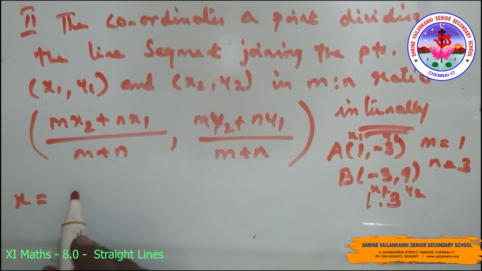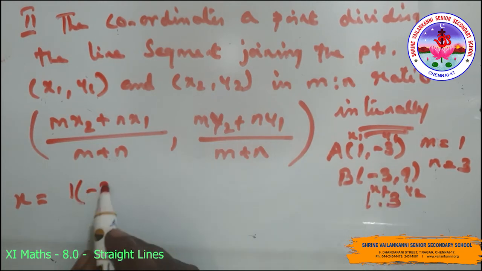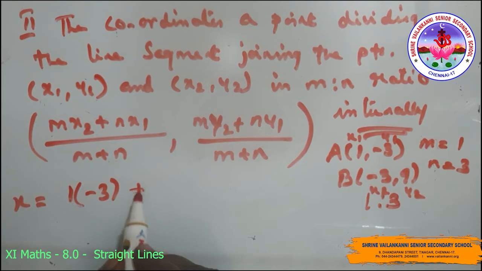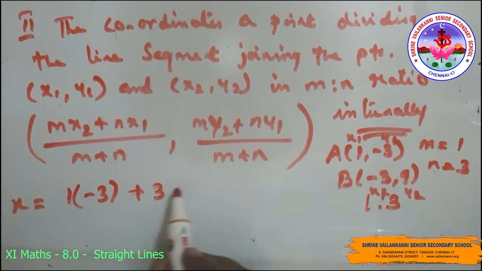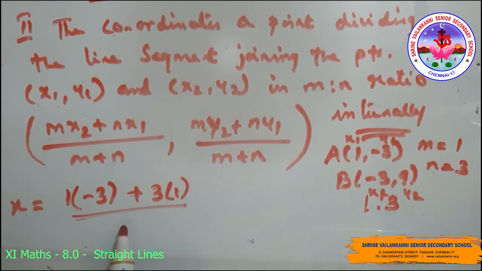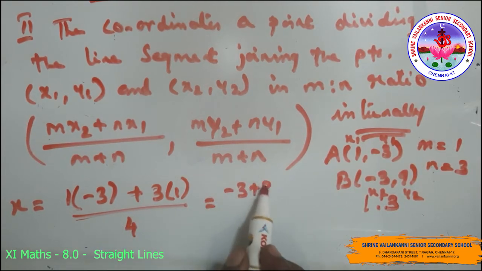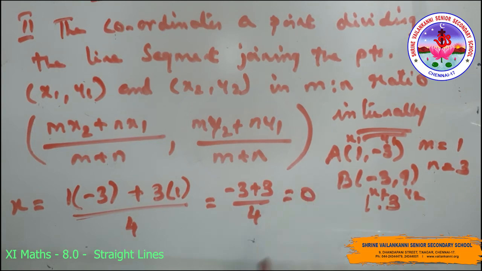x equal to 1 into x2, which is -3, plus n, which is 3, into x1, which is 1, by m plus n, which is 1 plus 3, 4. So we get (-3 plus 3) by 4, which is 0. Then we have to find y. y is m into y2.